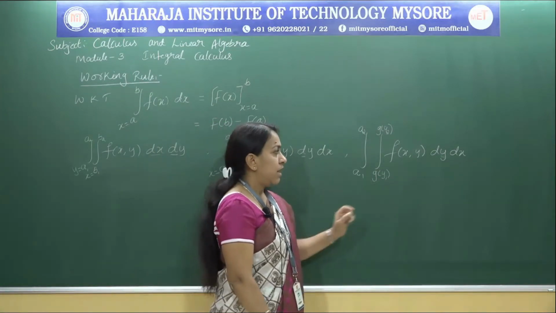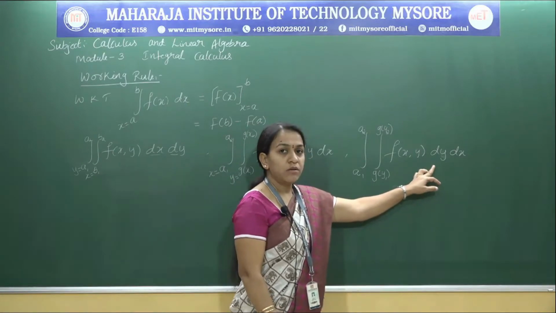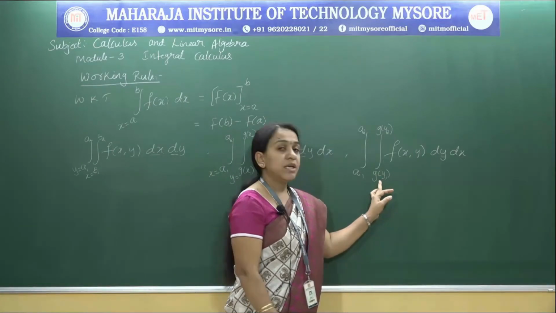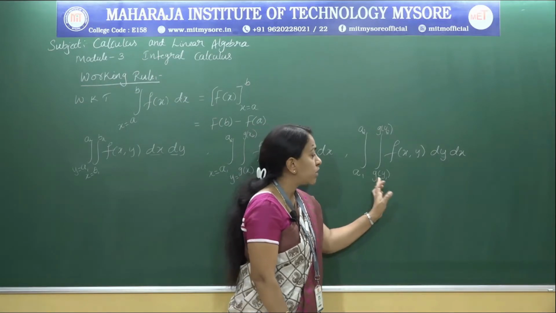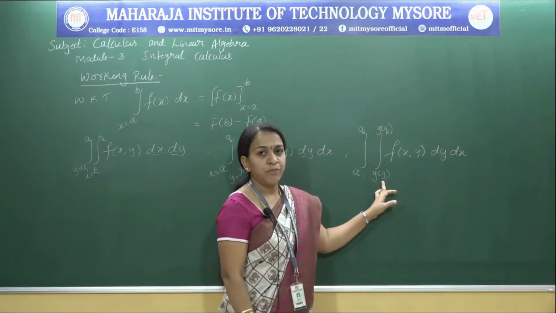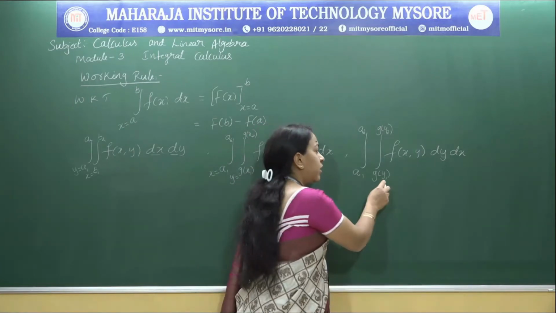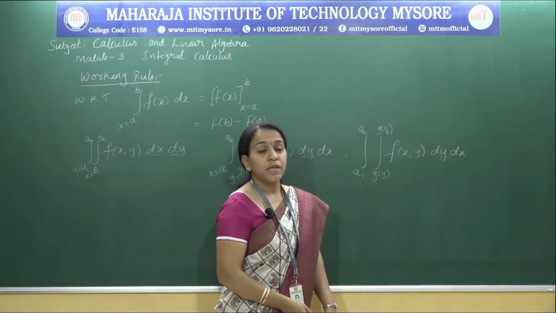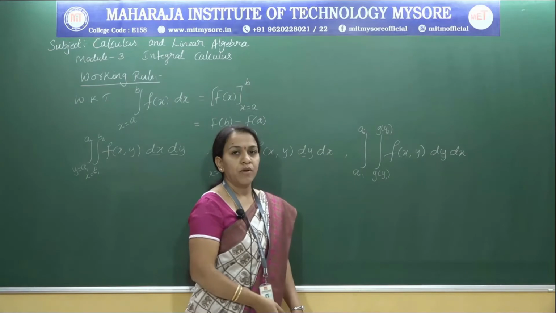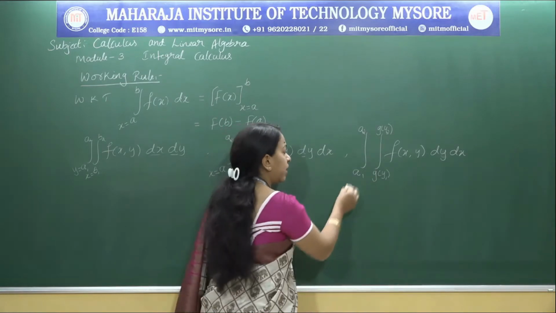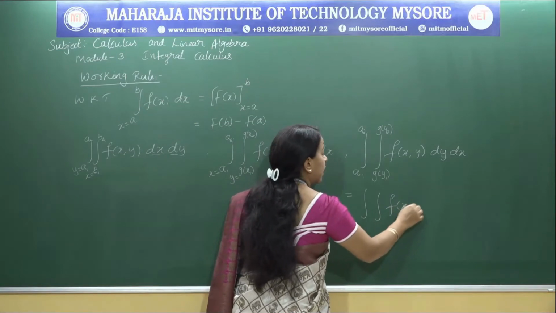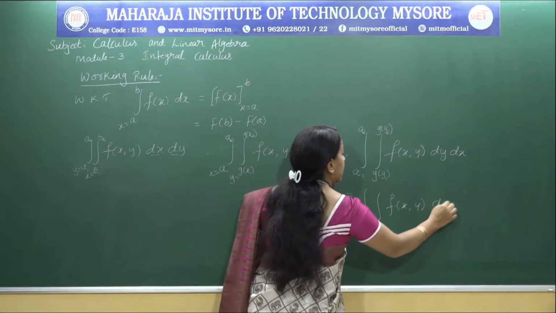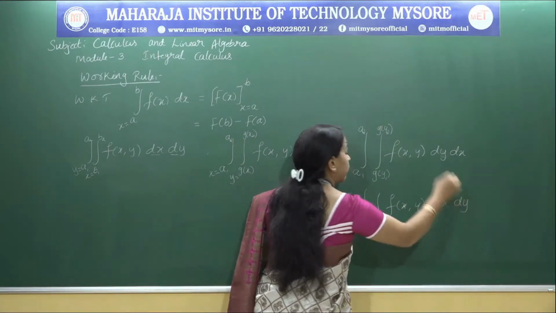Now, in this limit I have dy here, and in a limit place I have a y variable, then no, we are not supposed to consider this as a y limit, because whenever I have y in a limit place, that should be an x limit or x variable limit. So, I can rewrite this as double integral of f of xy dy dx.